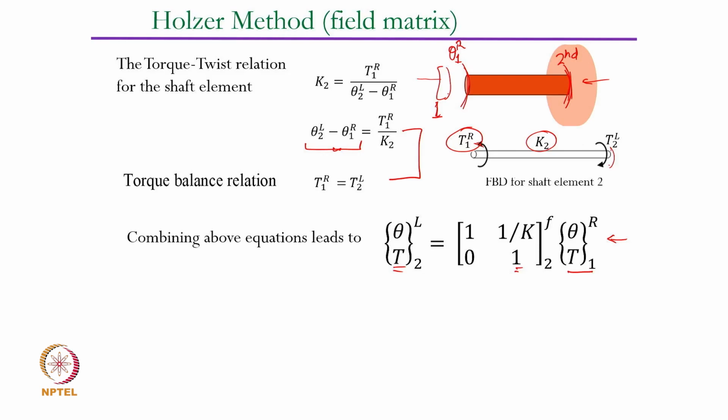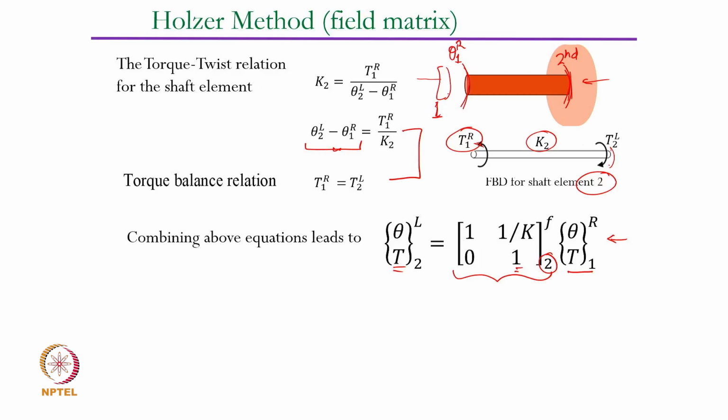Now this number 2 represents the second element, right? So element number 2, that's what we are assuming, that let this be the second part of the total assemblage.